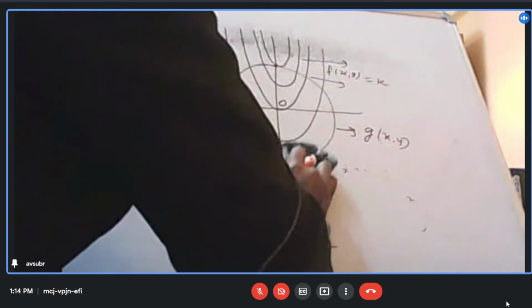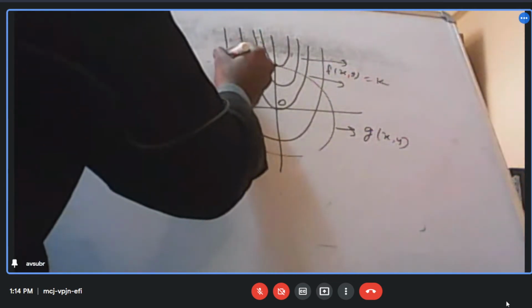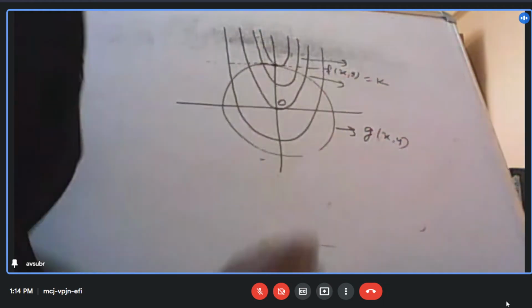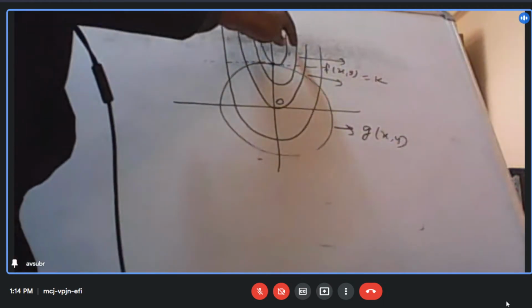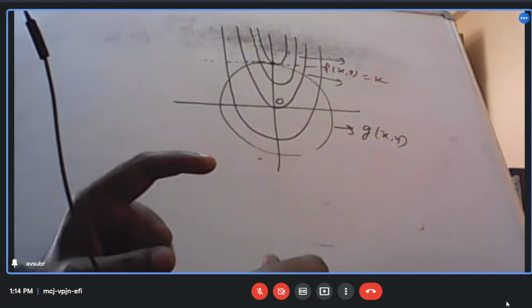Then at this point, if I draw a tangent, it will touch both this function as well as this g. Is it or not?